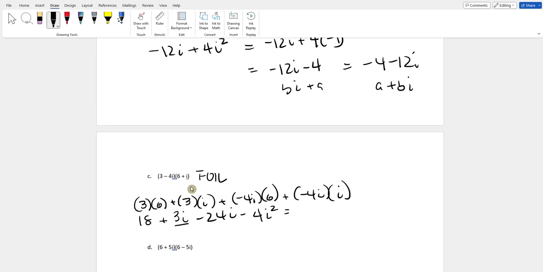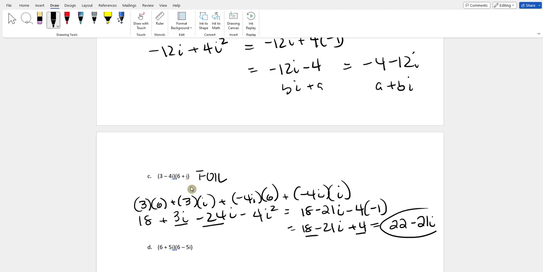I'm going to go ahead and simplify these two. I'm going to combine those. That gives me a negative 21i. And don't forget that i squared simplifies to negative 1. So now if we simplify it further, I get 18 minus 21i plus 4. Now I can take the 18 plus 4 and add those together. That gives me 22 minus 21i.